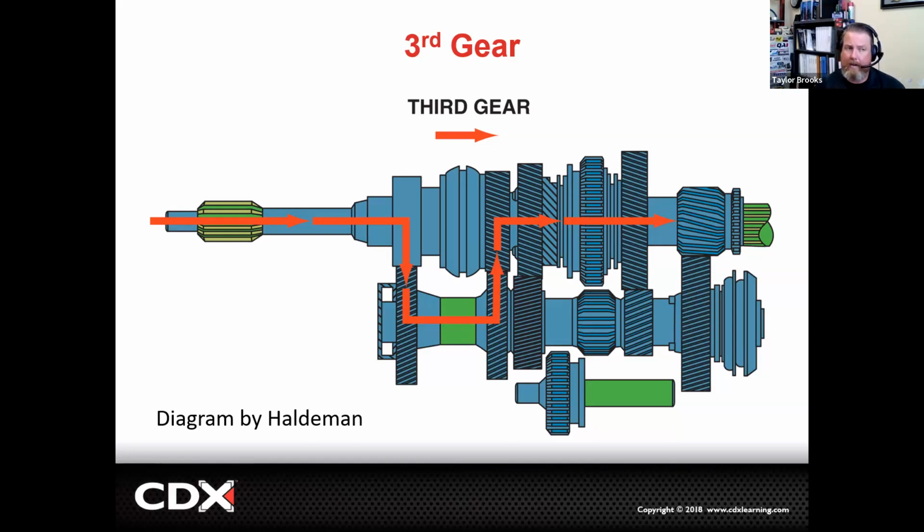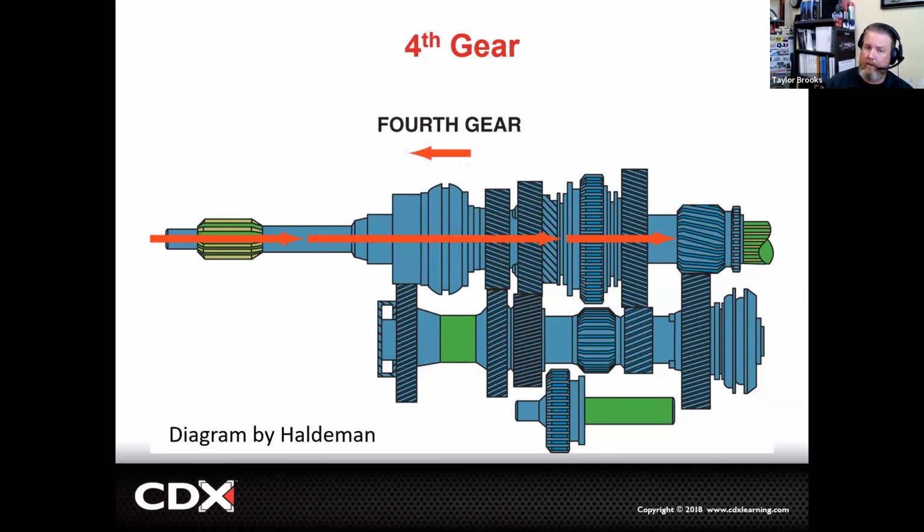So if we have the ratio of 3.5 for first gear and 2.75 for second gear, third gear may be anywhere between 1 3/4 or 1.5 to 1. Again, we're still multiplying torque because we can still accelerate in third gear, but the vehicle has now come up to speed and we don't have to move as much of that momentum.